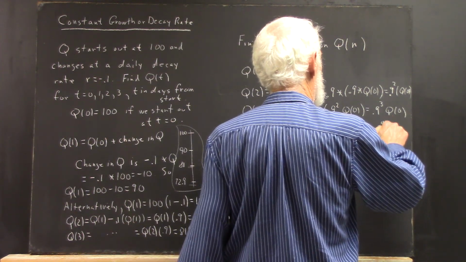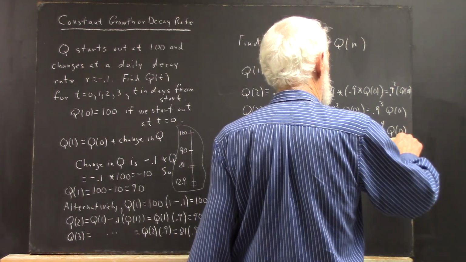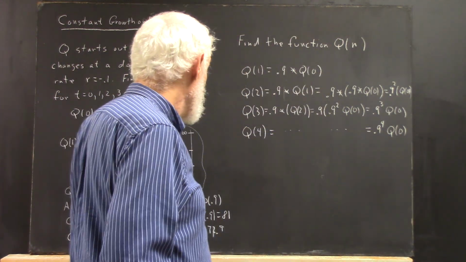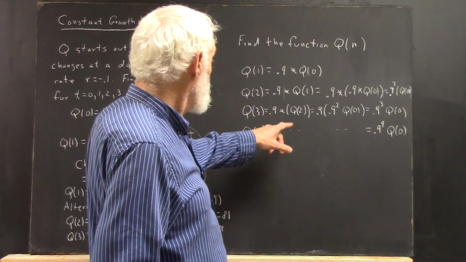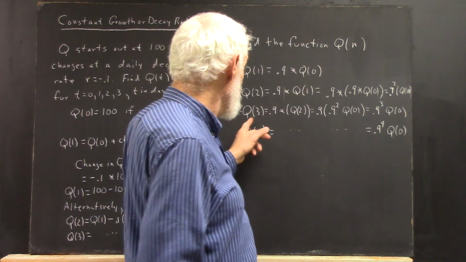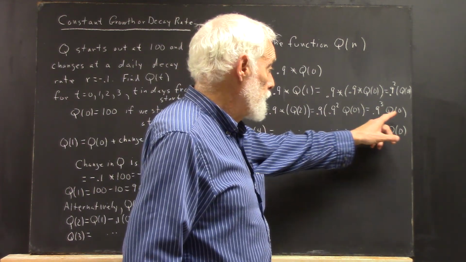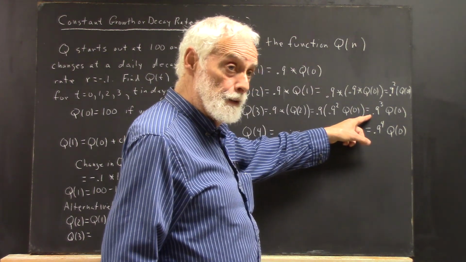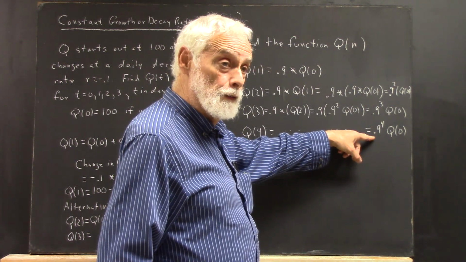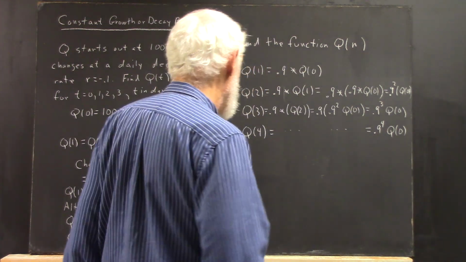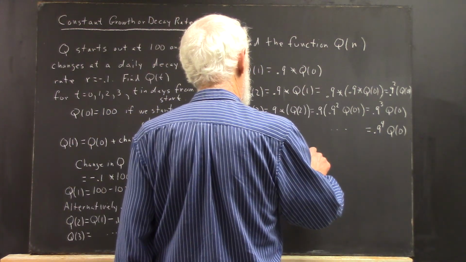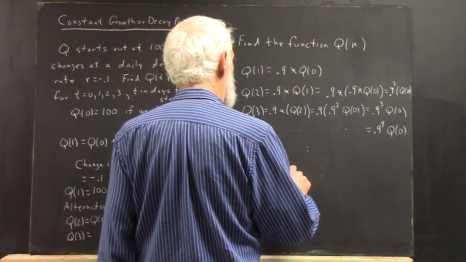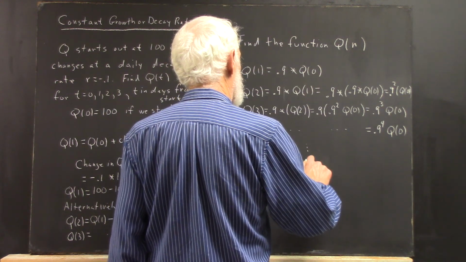We get 0.9 to the 4th times Q of 0. Now we can fill in blanks here. Q of 4 is going to be 0.9 times Q of 3. Q of 3 is 0.9 cubed times Q of 0. So we're going to multiply this by 0.9, giving us another factor of 0.9, giving us 0.9 to the 4th. So Q of n is going to be 0.9 to the n times Q of 0.